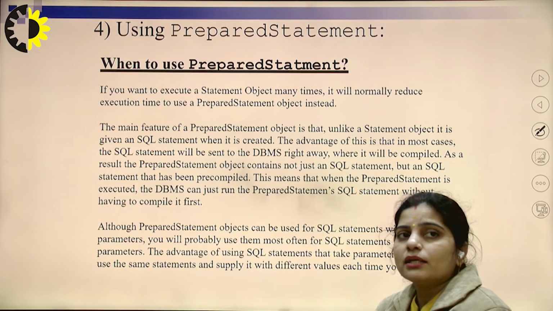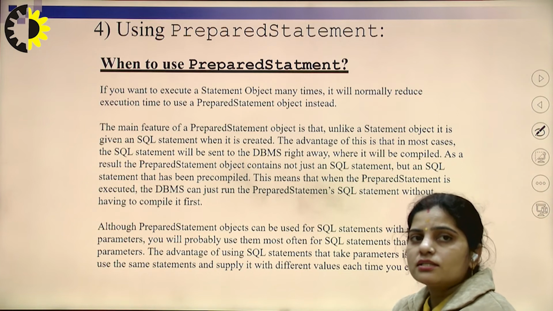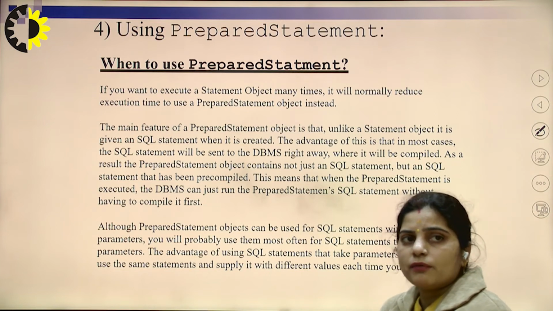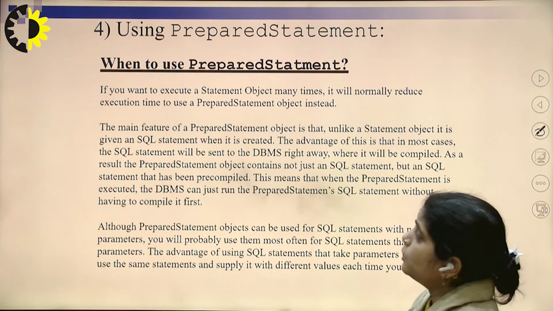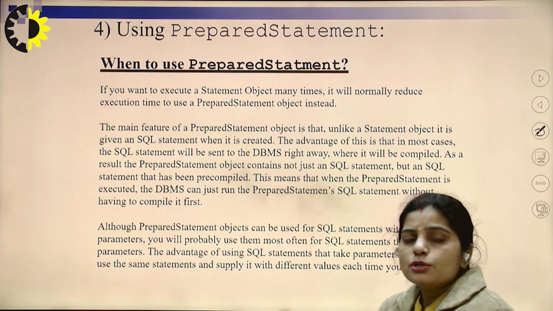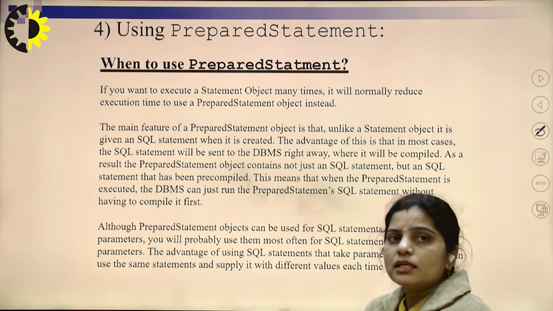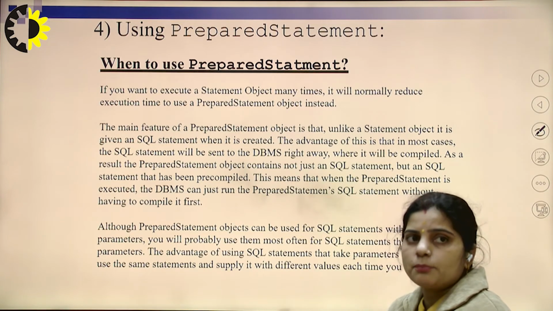The main feature of the prepared statement is that, unlike a statement object, it is given an SQL statement when it is created. In most cases, the SQL statement is sent to the DBMS right away, where it will be compiled. So the prepared statement object contains not just an SQL statement, but an SQL statement that has been pre-compiled.